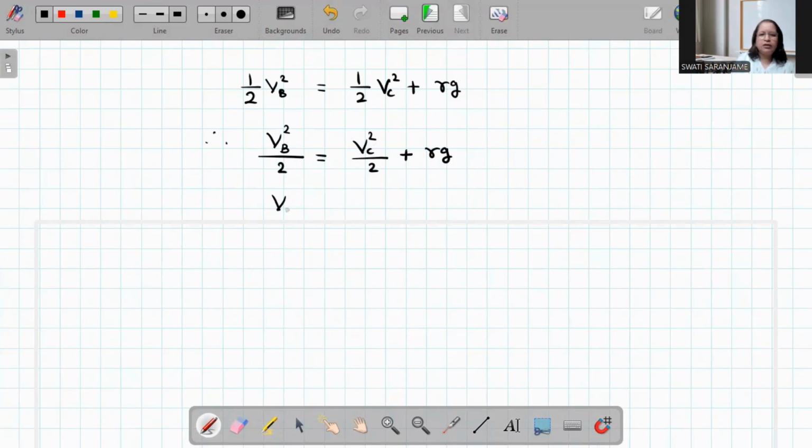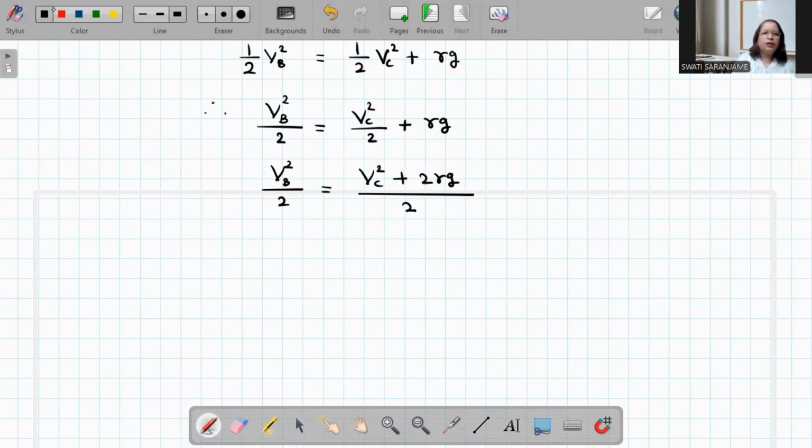Now, if we take the LCM on the right hand side, plus 2RG by 2. Now 2 appears on both sides, it cancels out, and what remains is VB square is equal to VC square plus 2RG.